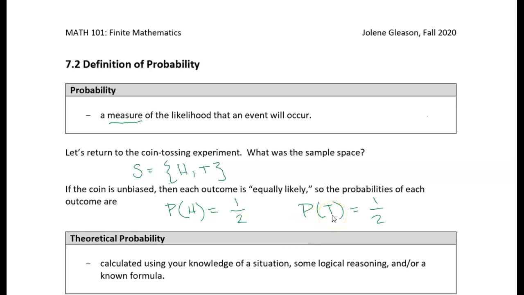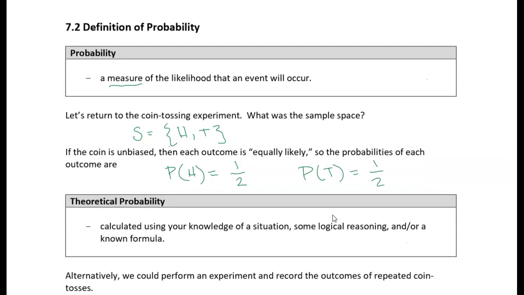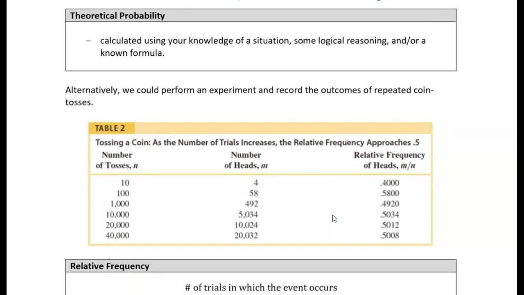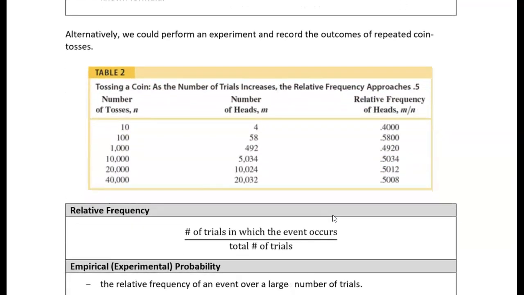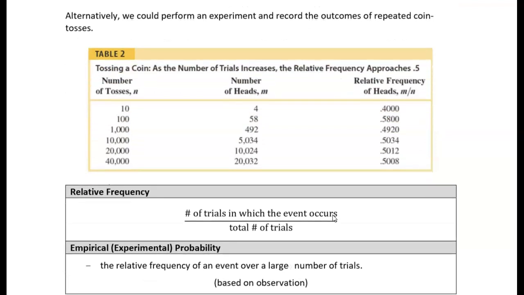Then what we could do is we could just toss the coin again and again, and record our outcomes, right? So that's an example of experimental probability. So we're just going to toss the coin again and again and again and observe how many times it comes up heads, out of the total number of trials that we perform.